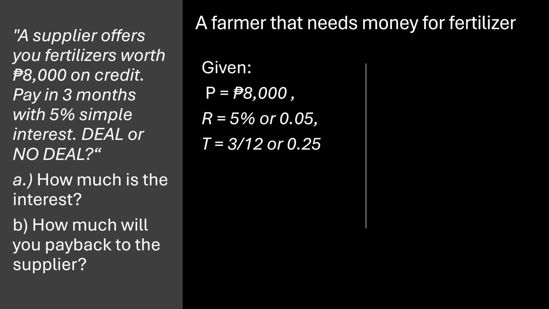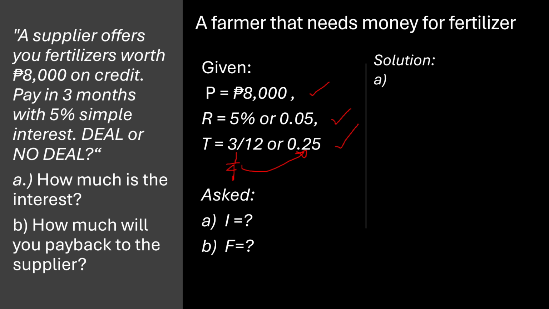That's why we have here 3 over 12. If we reduce this, we will have 1/4, and this 1/4 is equal to 0.25. So these are the given: 8,000 for the principal, 0.05 for the rate, 0.25 for our time or term. And what is asked? First is the interest and the second is the future value.